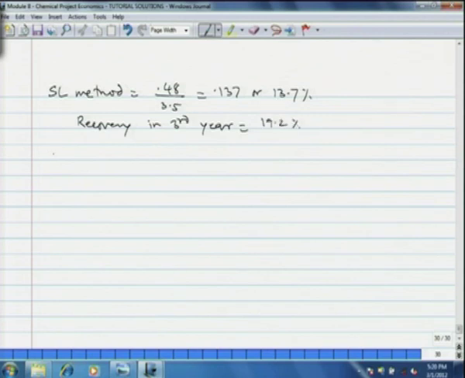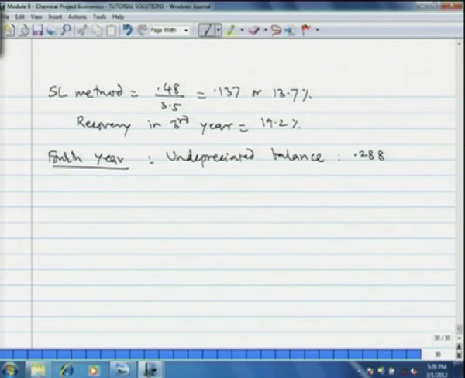Fourth year, the undepreciated balance is 0.288, the previous balance minus 0.192, or 0.48 minus 0.192.